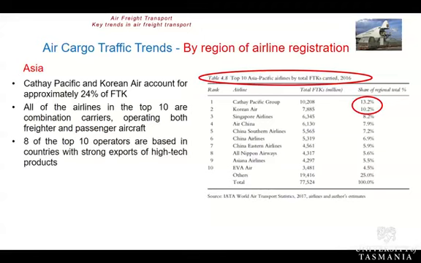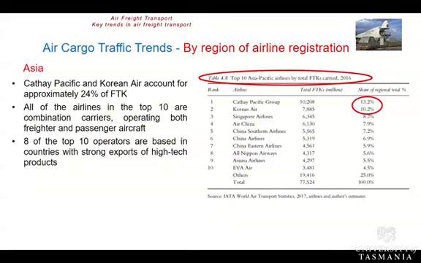8 of the top 10 operators are based in countries that have strong exports of high-tech products. And the only one really to miss out, and I think it's probably a little bit unfair on them, is Japan. And that's mainly because the growth of exports out of Japan has been quite depressed in recent years.